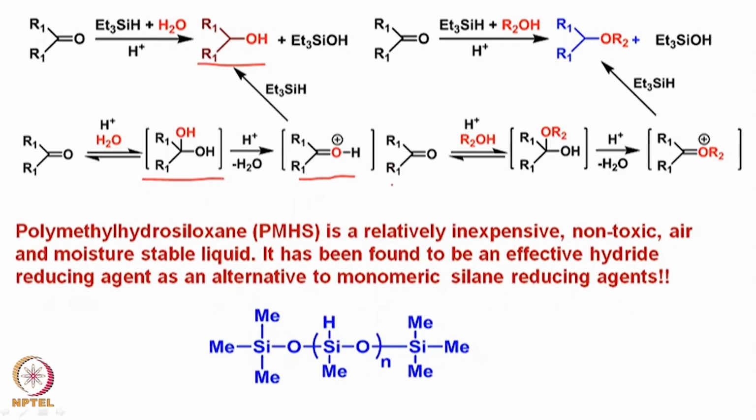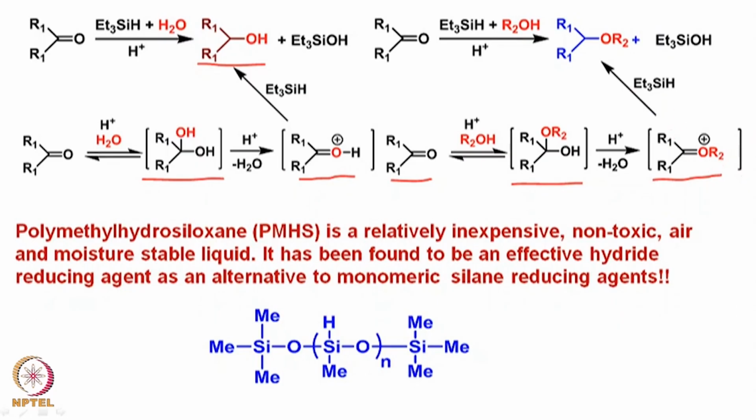In a similar fashion, if we take this ketone and react with an alcohol in the presence of H+, then of course what we expect to form is a hemiacetal of this kind, because proton will protonate the carbonyl oxygen and the alcohol will attack as a nucleophile to form this hemiacetal, which can of course lose water to form this oxonium ion, similar to what we saw here, but now we have this OR2 in the molecule.